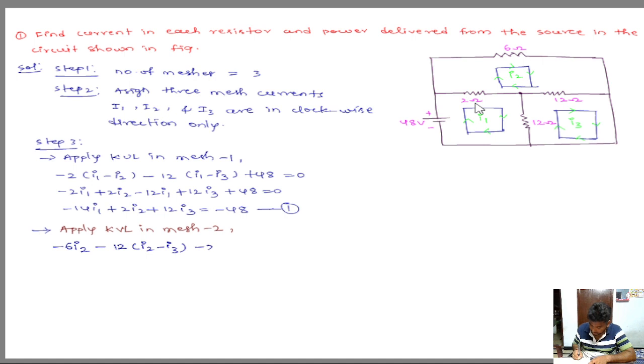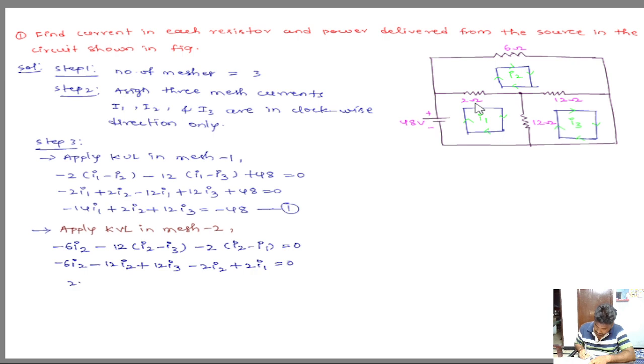Next, coming to this 2 ohm resistor, first we write minus 2, then the currents I2 minus I1, equal to 0. Simplify it: minus 6 I2 minus 12 I2 plus 12 I3 minus 2 I2 plus 2 I1 equal to 0.